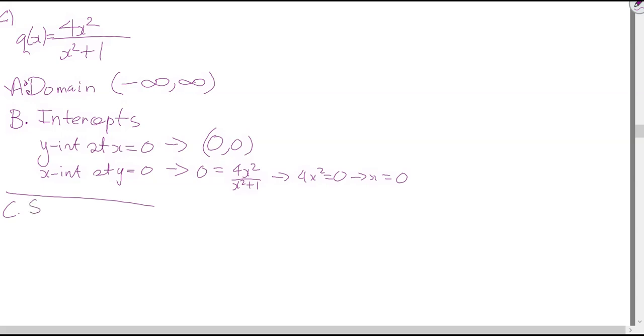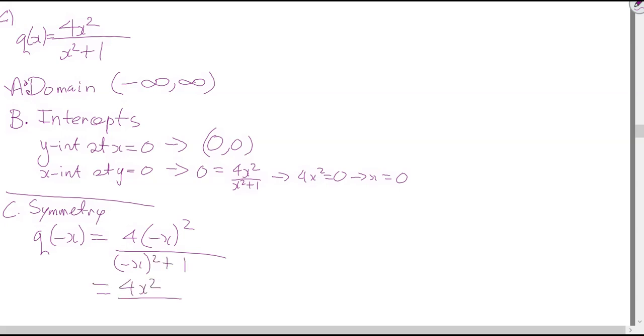Symmetry. Q of negative x. What kind of symmetry?